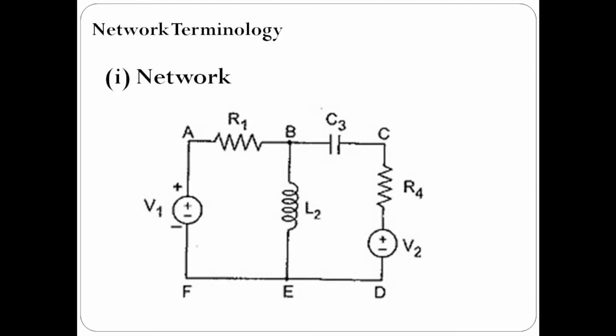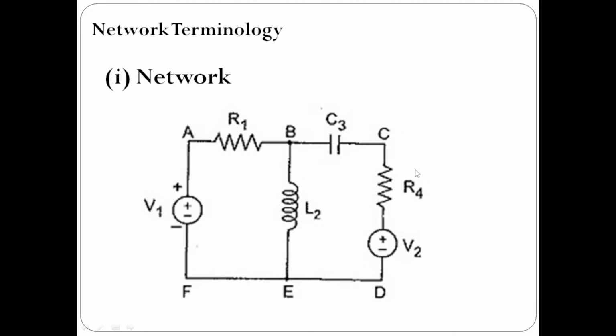You can see there are two sources here. Instead of one source, more than one source is there, so we can say this is a multiple source circuit. You can see a resistor, inductor, capacitor and a resistor.